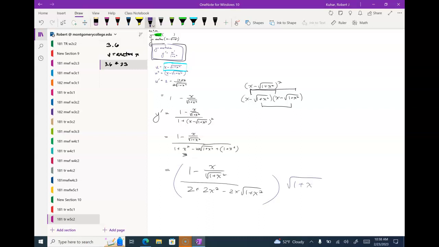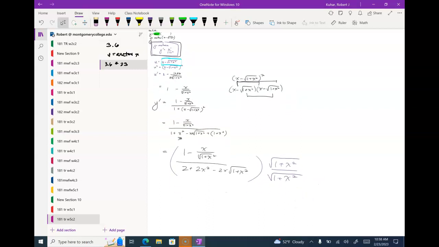Beautiful. Square root of 1 plus x squared all over itself. We're going to clear out our fractions. So in the first one, I'm just going to get square root of 1 plus x squared minus x.